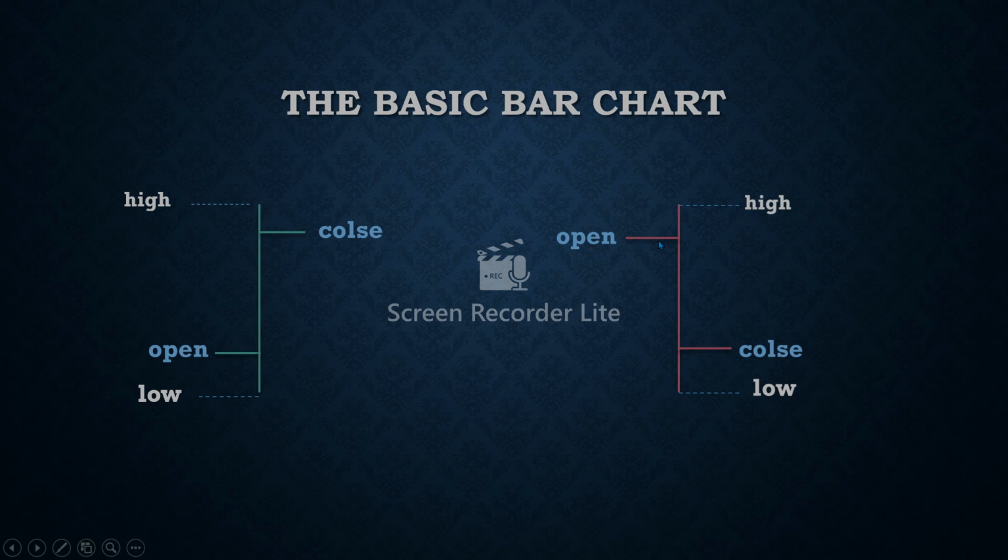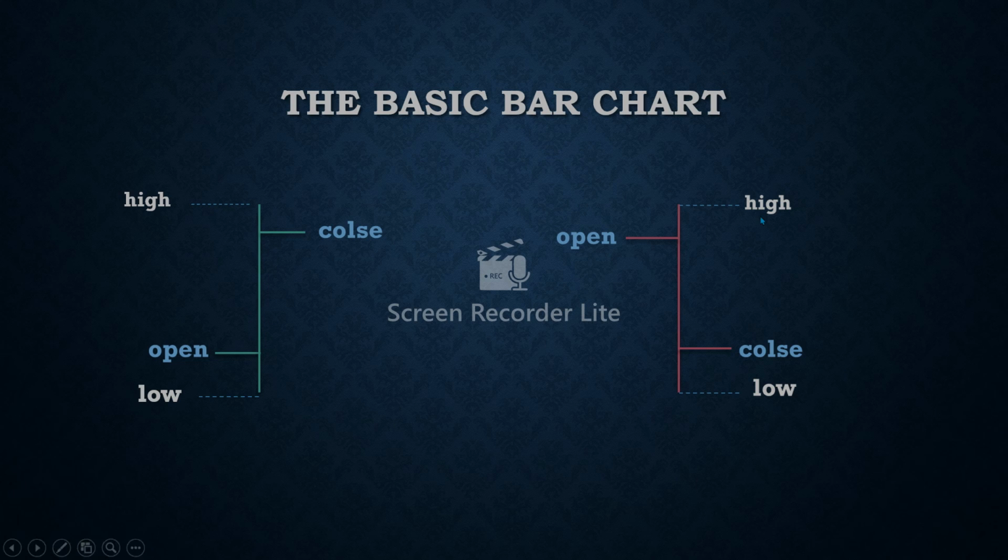But in this bearish candle, open is here, while open in a bullish candle is here. Why? Because a bullish candle is green. In a bullish candle, open is this, and price goes up, and this is now green.